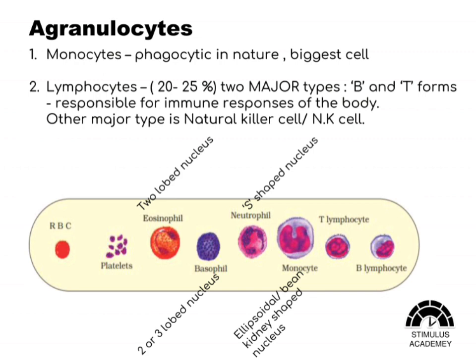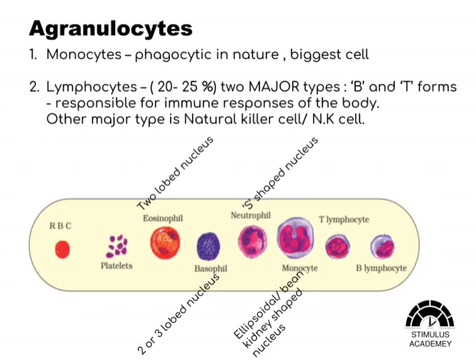Now, in the diagram shown in NCERT, we can see biconcave shaped RBCs, platelets, and a two-lobe nucleus. Eosinophils have a two-lobe nucleus. We can see two lobes.